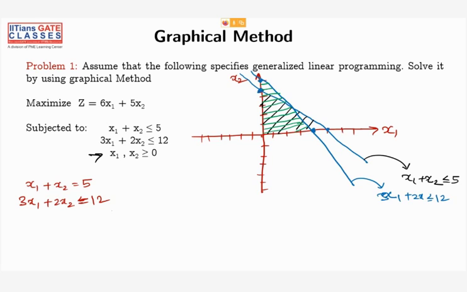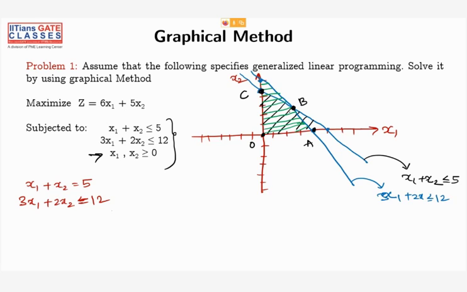Now identify the common shaded region. The common shaded region will be O, A, B and C. Any point in this common shaded region will satisfy all these constraints.